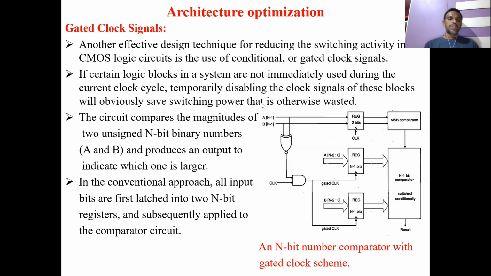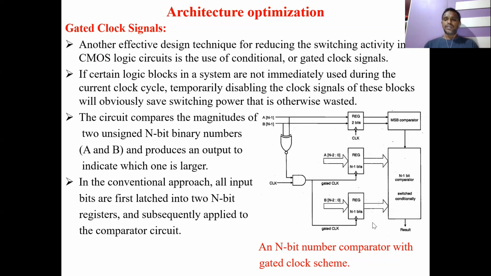Next, the circuit compares the magnitudes of two unsigned n-bit binary numbers and produces an output indicating which one is larger. This is a comparator. Here A and B are two unsigned binary numbers, and we have to compare them.